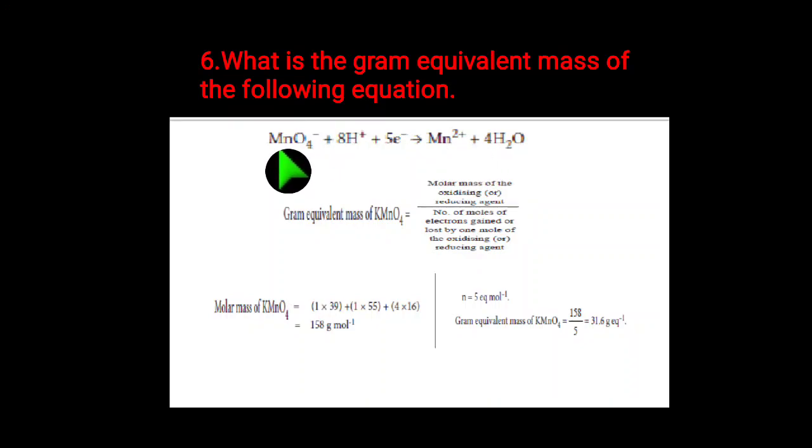In potassium permanganate KMnO4, the K is removed, K has charge plus 1, so the whole ion has charge minus 1. In the acidic medium, 8H plus, H plus means acidic medium, then 5 electrons gives manganese charge 2 plus and 4 water molecules.